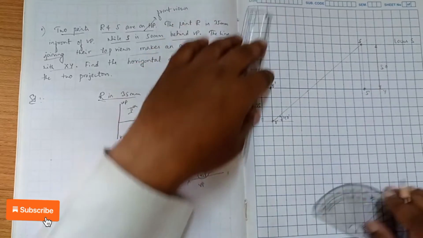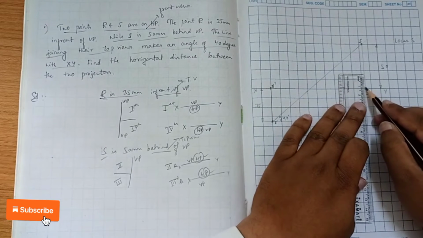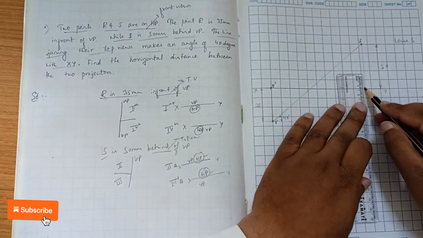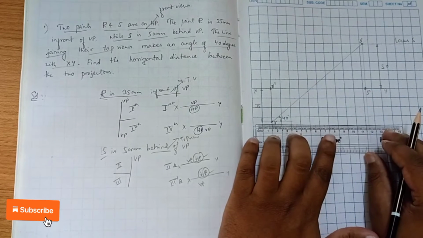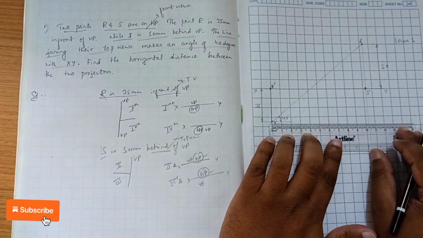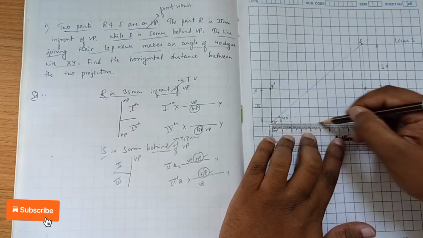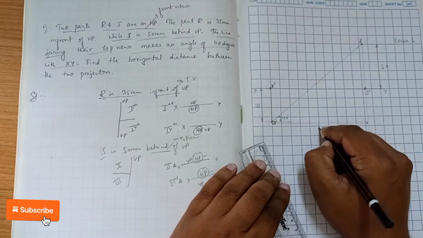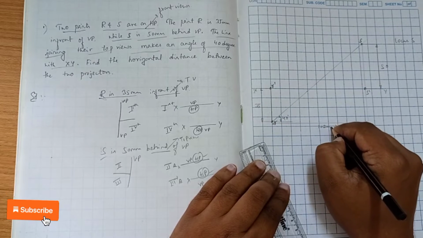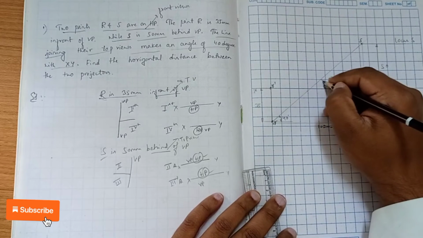Now we have to find out the distance from this point to here, horizontally. The distance is around 101 or 102 mm. So this is the problem, and here the angle is 40.